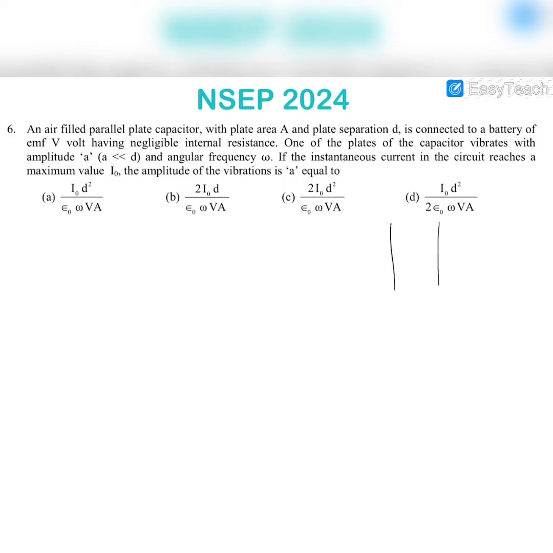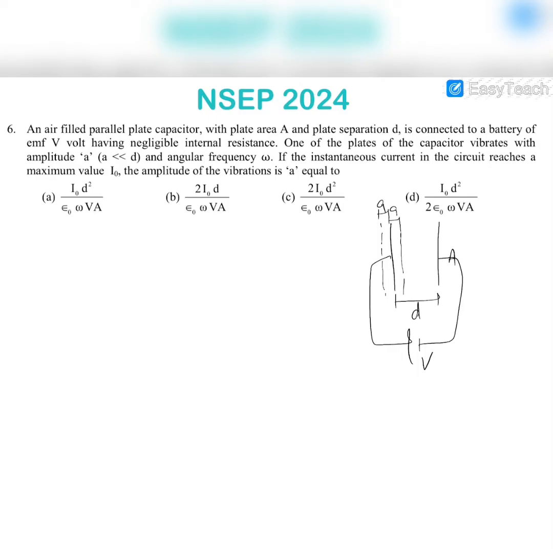So this is the situation, and it is connected to a battery which has zero internal resistance, and the EMF of the battery is V. And one of the plates of the capacitor vibrates with an amplitude of A. It is vibrating like that.